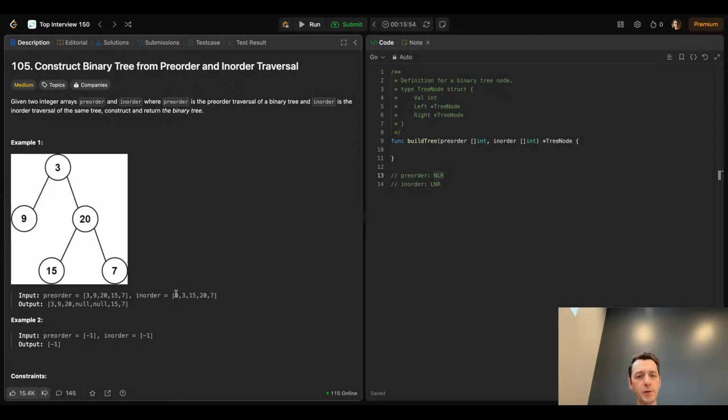Okay, now we have also inorder. So what does it tell us about a node? Because I guess preorder tells us it starts with a node.